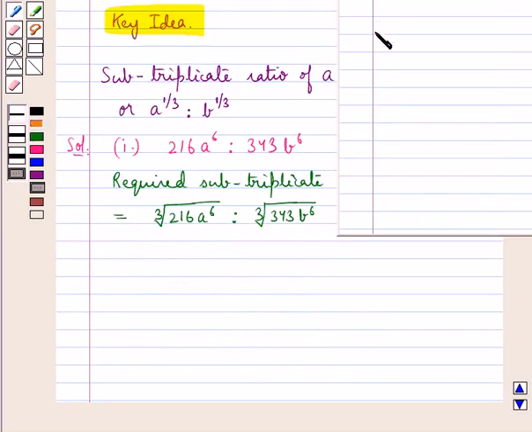Let's see what is the cube root of 216 a to the power 6. This is equal to cube root of 216 multiplied by cube root of a to the power 6. Now 6 multiplied by 6 multiplied by 6 is 216.